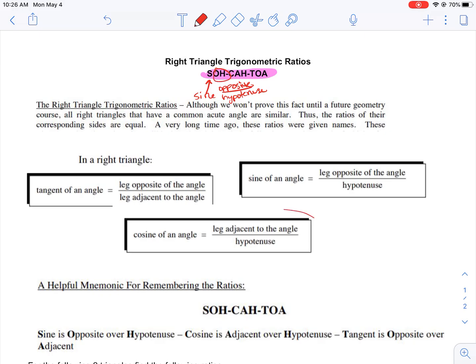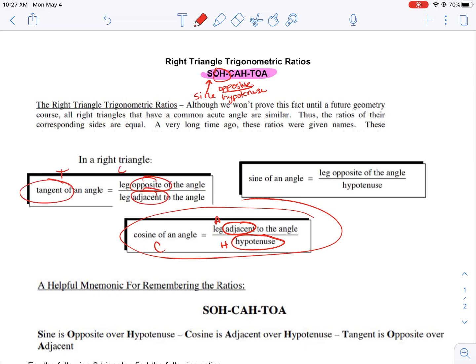Cosine, if you look down here, is adjacent over hypotenuse, or CAH, and then TOA stands for tangent, which is opposite over adjacent, or TOA. So that's why we're using SOH CAH TOA as a reminder of what values we need to input into this.